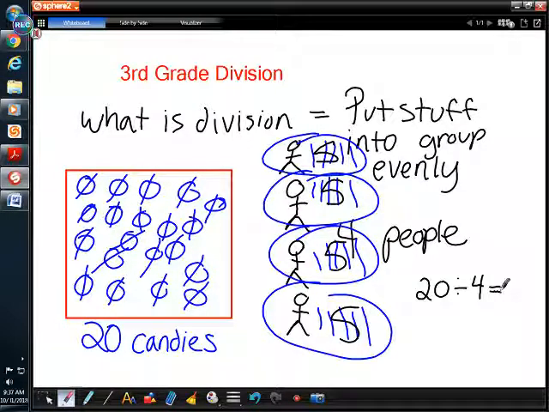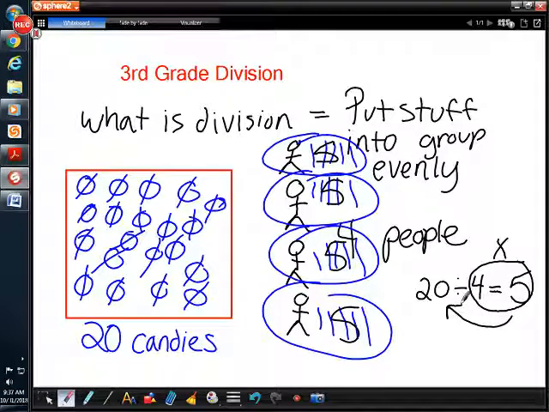She says there's going to be 4 people at your party. What does one person need? Well, one person is going to need 5 candies. And if that's true, that created 4 groups of 5. And we can also check ourselves by saying 4 times 5 is 20. So we know we're right. So 20 divided by 4 is 5.